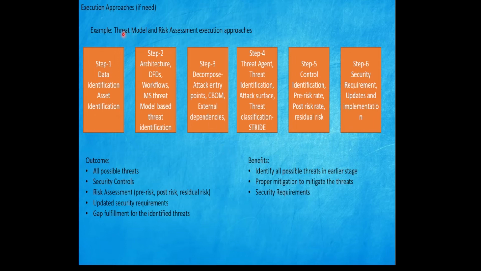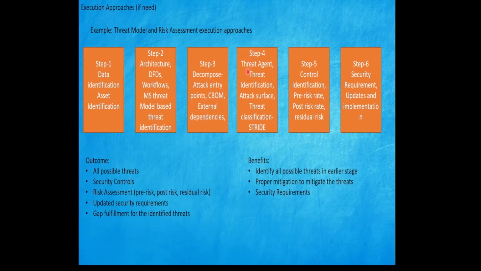For example, here I have given the threat model and risk assessment execution approach. Step 1, data identification, asset identification we will do. Step 2, architecture understanding, data flow diagram creation, workflow diagram understanding, Microsoft threat model based threat identification. Step 3, decompose the application: attack entry points, cybersecurity bill of materials, external dependencies.